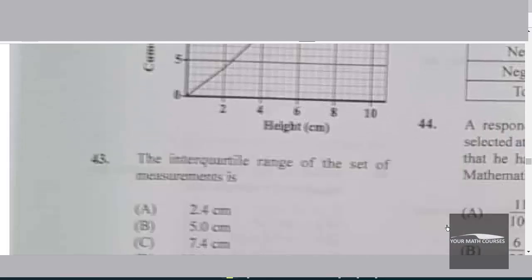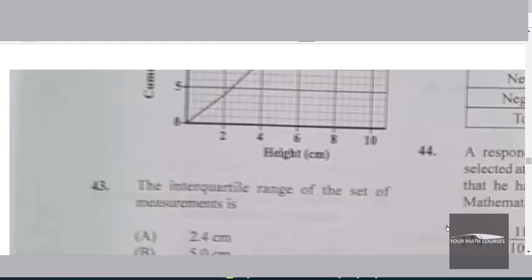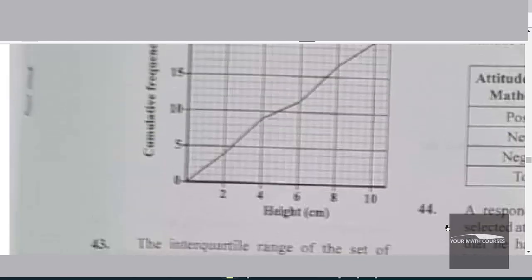Item 43 refers to the following diagram, which shows the cumulative frequency curve of the height of 20 plants. The interquartile range of the set of measurements is, so the interquartile range is equal to the difference between the third quartile and the first quartile.